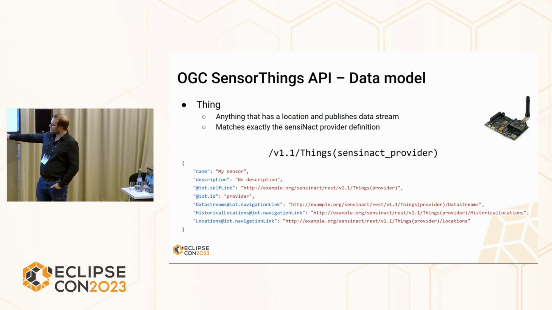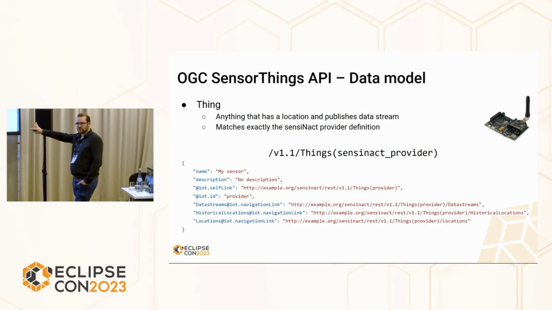So in fact, how OGC SensorThings encode data, it's a JSON first. You have a set of keys that are defined by the standard for each kind of item you are looking for. Then you have IoT ID that ensures you know in OGC naming what you are currently looking at.